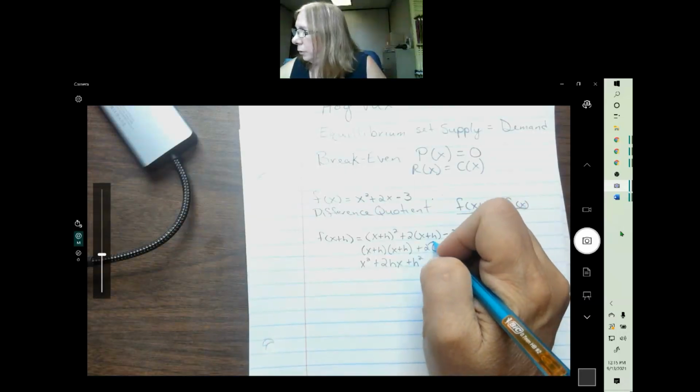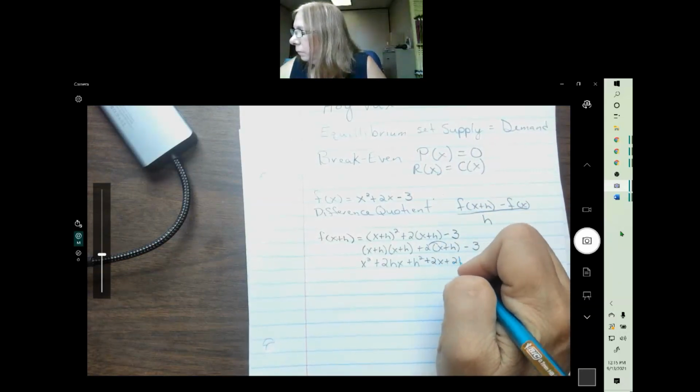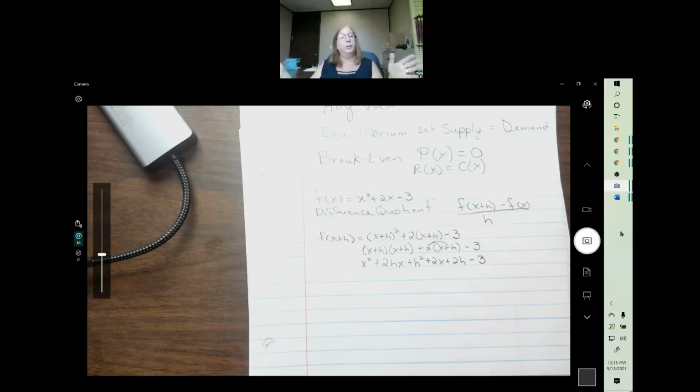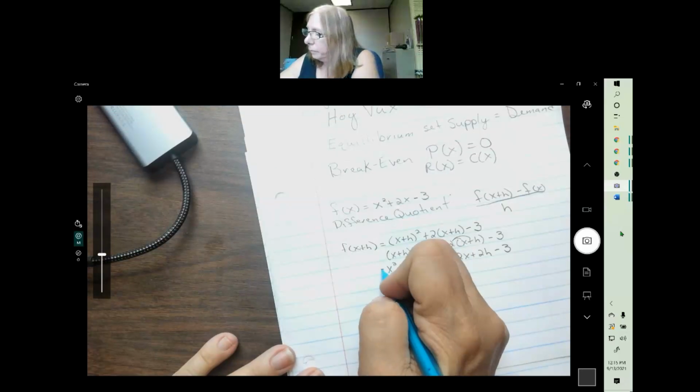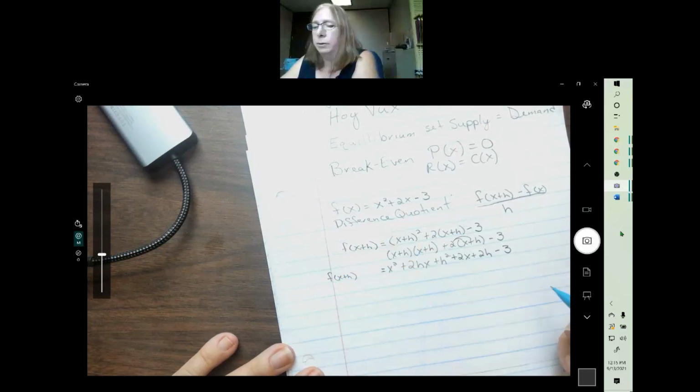And then distribute the 2. Any questions on that part? Notice, double check, there's no like term, so nothing can be combined. So that is f of x plus h.